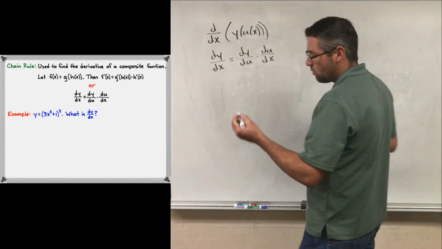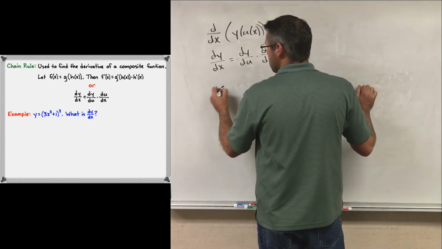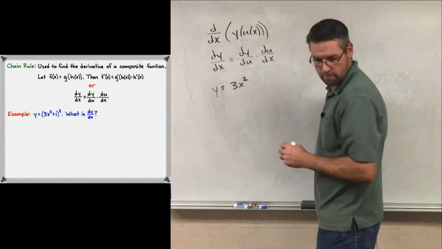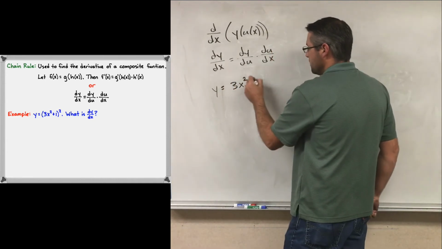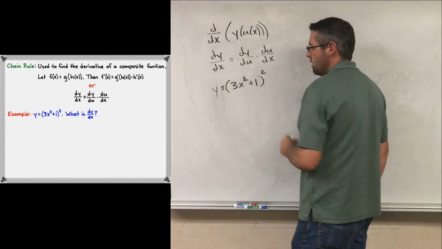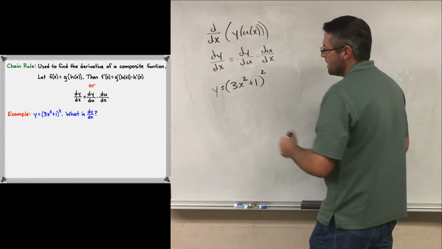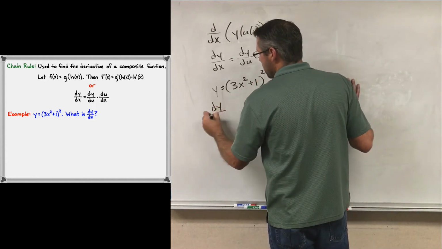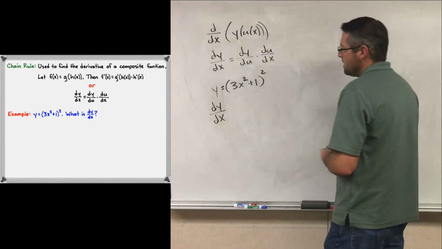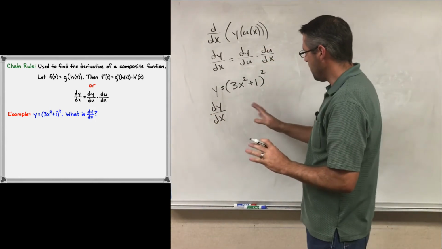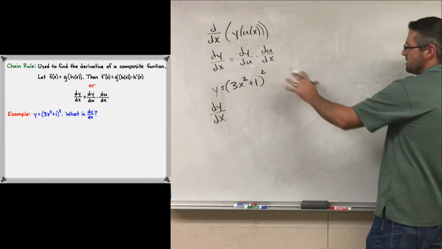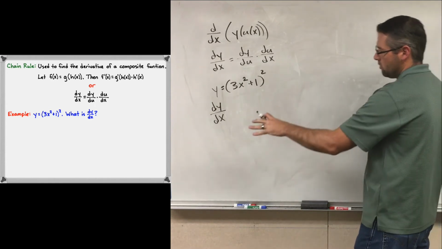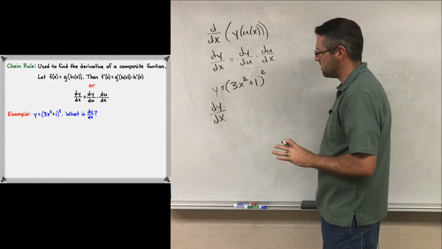We've got y equals 3x squared plus 1 and then squared. Okay? We're looking for dy dx. Now, obviously, you can expand all that and then just do the power rule or do the product rule, whichever method you prefer.